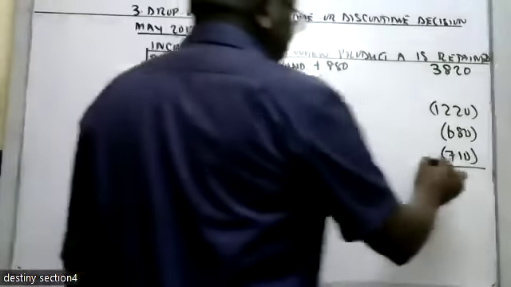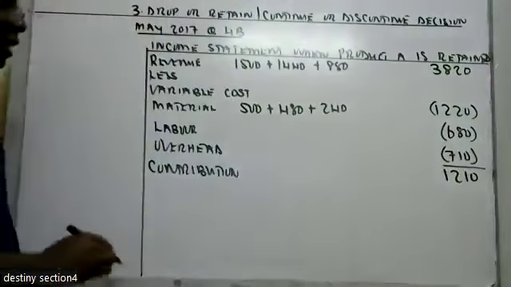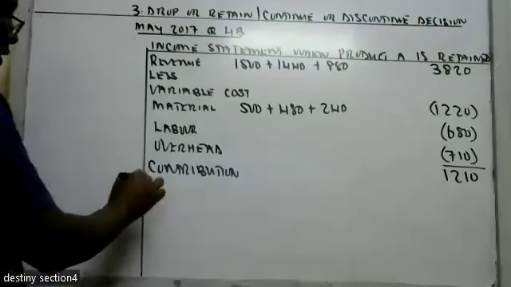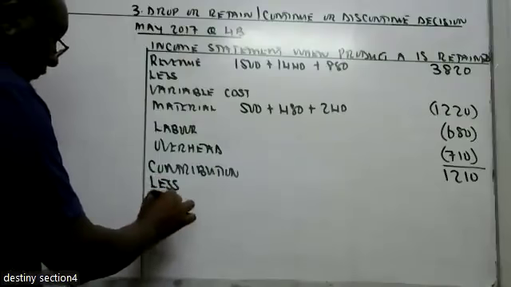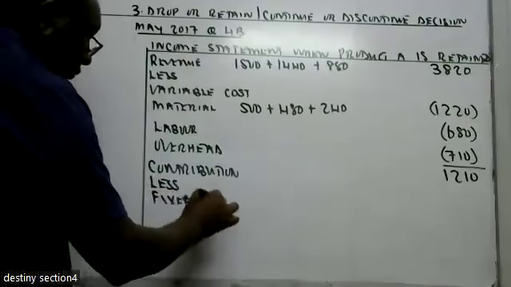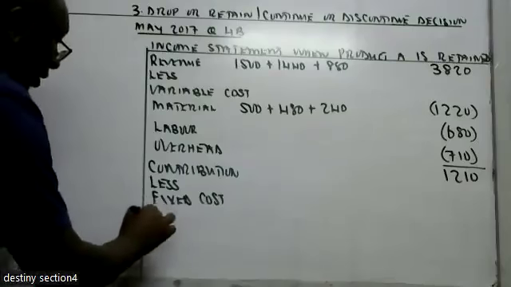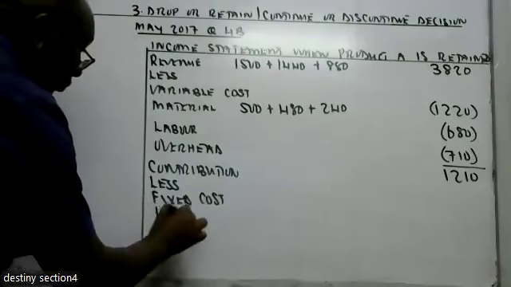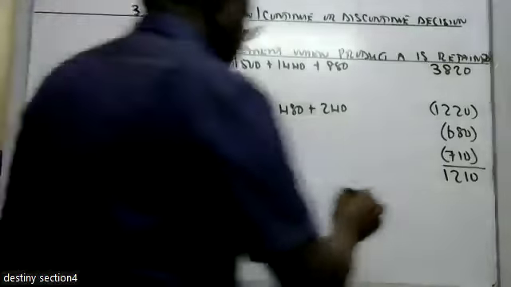Okay. Then you say less fixed costs. Now fixed costs, number one, labor. So niambie kule kwa working, labor tulikuwa tumepata total ya 20.